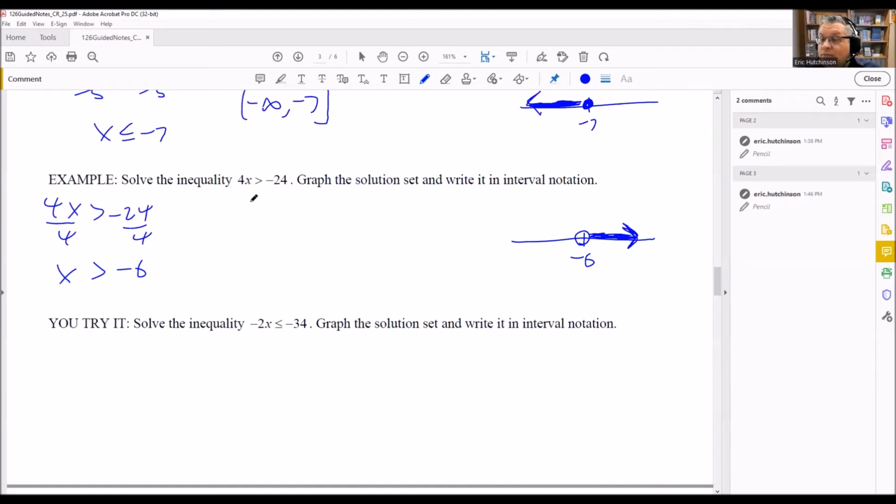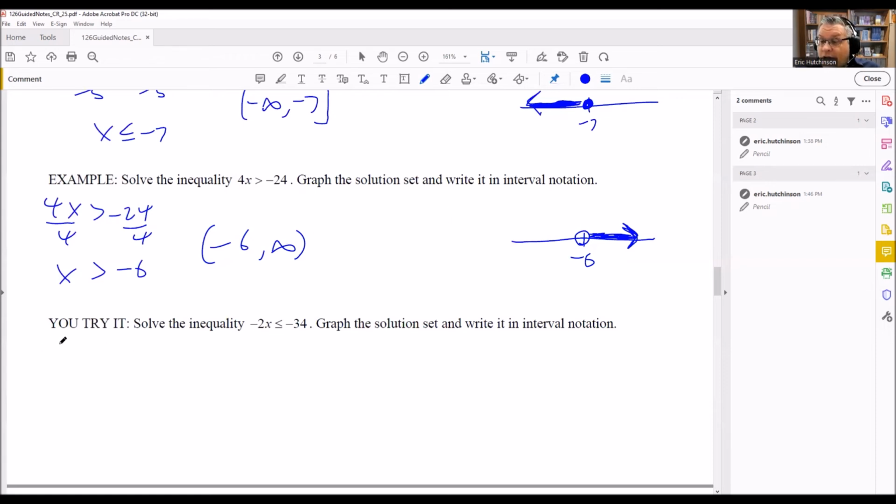For the interval notation, we start at -6, which is going to have a parenthesis, and that's going to go to infinity. Since it goes to the right, we start with -6 because -6 is the smaller number here. That has a parenthesis because of the open circle, and that goes to infinity.